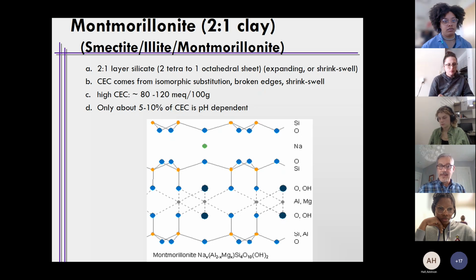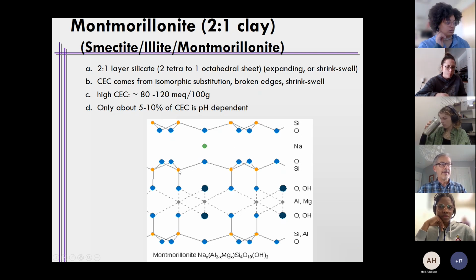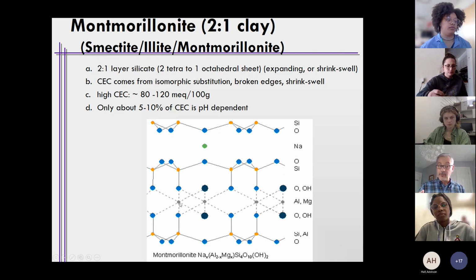And that's because there's all this shrink swell going on in the interlayer and ions interacting with the initial ions in the tetrahedrons and the octahedrons. And you have a replacement. Okay.